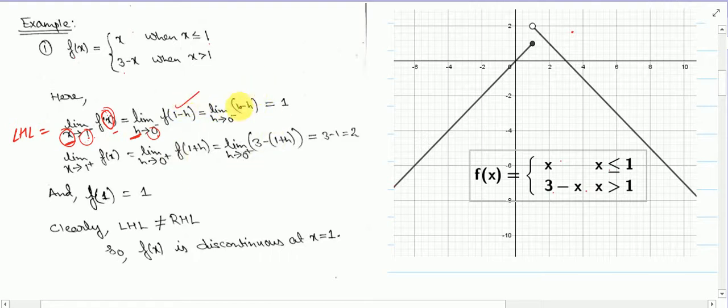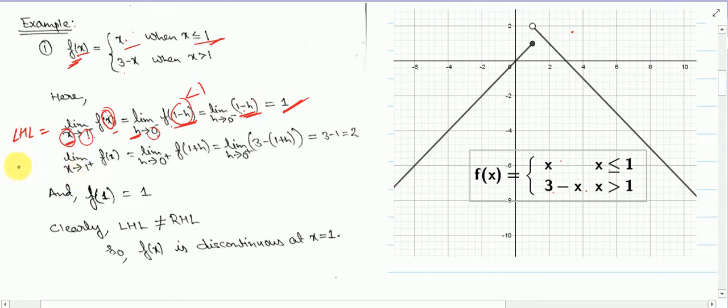Then 1 minus h will be something less than 1, so this function f will give you x only if x is less than or equal to 1. So the output will be 1 minus h only, according to this. Now if you put h equal to 0, then you are getting a definite value, so the limit will be 1 over here.